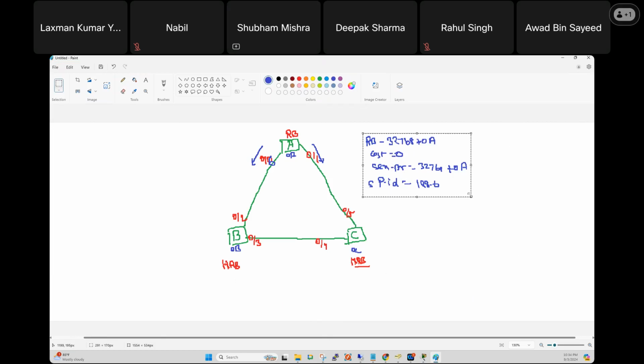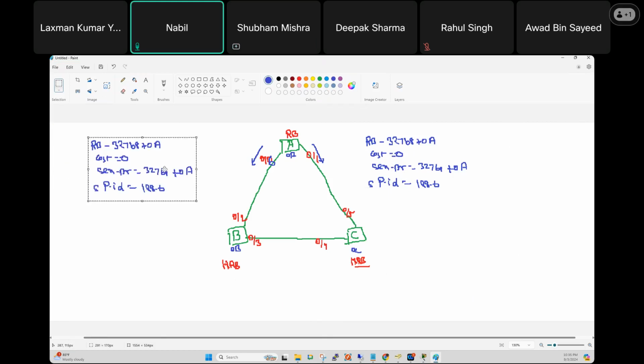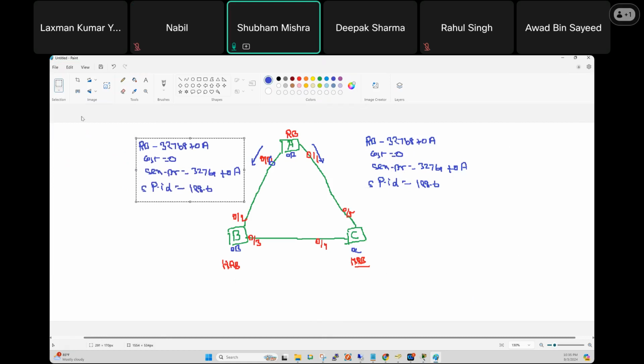What is this 128? This is the port ID. I told you, port ID is made up of priority plus port number, and 128 is the default priority. Now, if the switch sends through this interface, the port ID will be 128.1. Clear? First of all, we are discussing switch number B, then we will discuss switch number C.